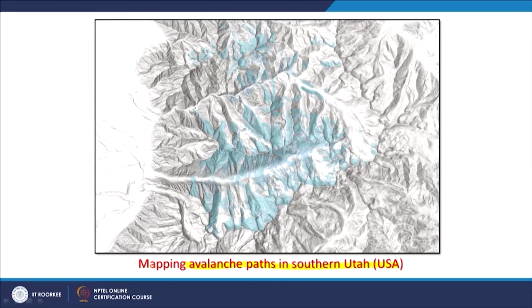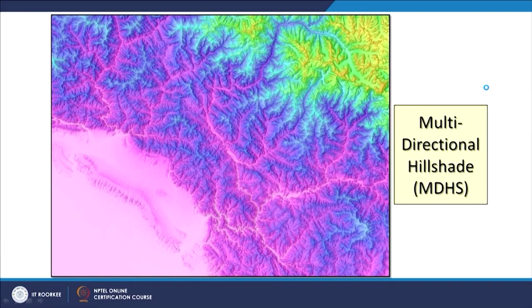You do not need much training if things have been represented through multi-directional hillside. If somebody is working on glaciers, avalanches, again if they are put in the background, you are having a multi-directional hillside put over glaciers or avalanche sites or snow covered area, immediately things become very, very clear.